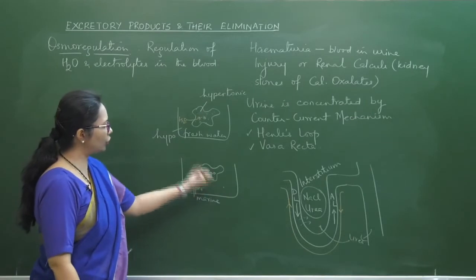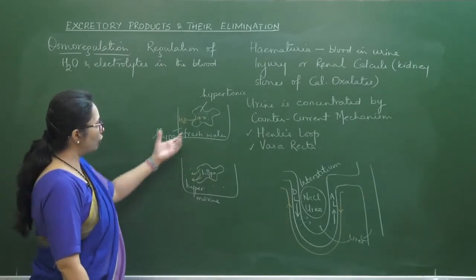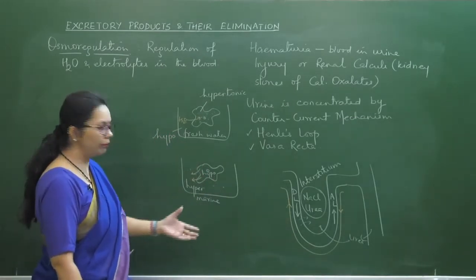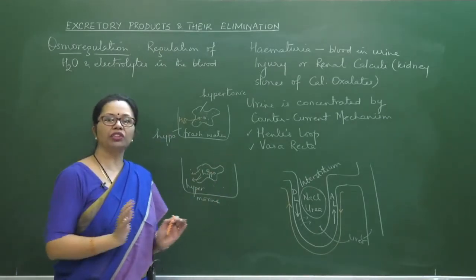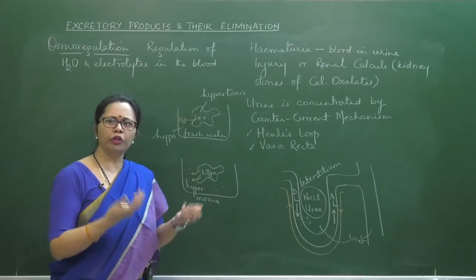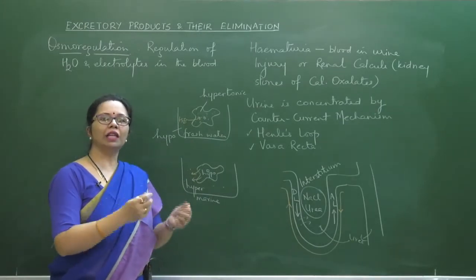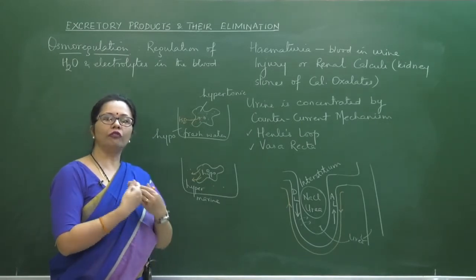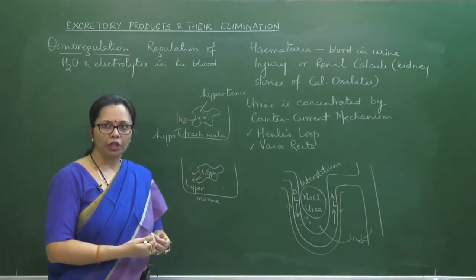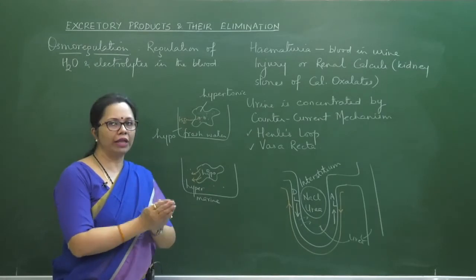Okay, so the cell is going to shrink. So both habitats have a problem, and we are living on land. In the land surrounding it is air. Air has a little amount of water vapor, humidity is there, but still in comparison to the body fluids it is very less. So once again we are also losing water, so we have to retain that water.